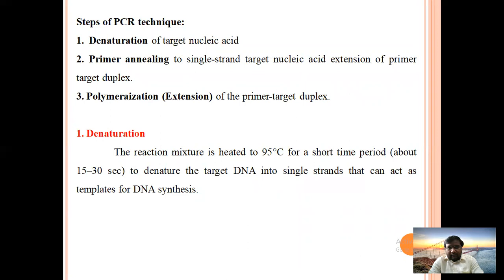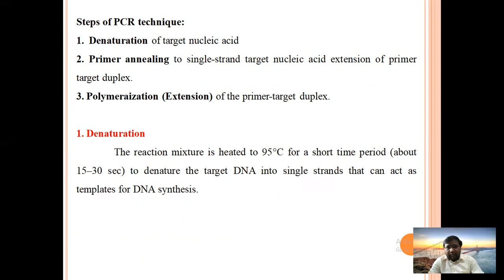The PCR, that is, polymerase chain reaction, is completed in three steps. The first is denaturation of target nucleic acids. Then second, primer annealing to the single-stranded target nucleic acid.